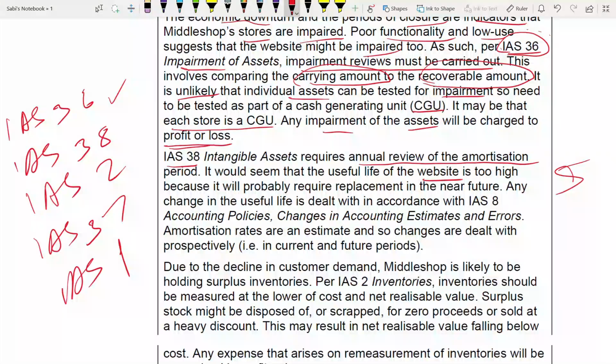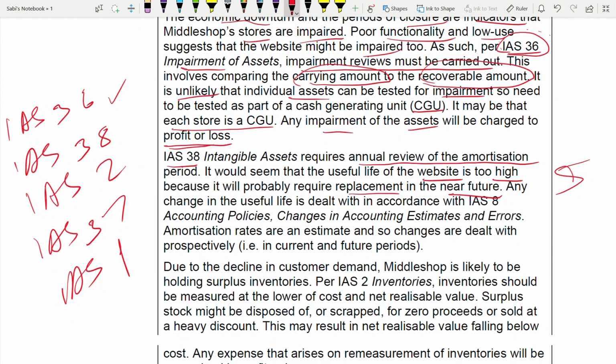So this useful life is too high. For a website, 5 years is too high. If it was some other intangible assets, okay, 5 years we can understand, but for a website, 5 years is too high to amortize. Why? Because it requires some replacement in the near future. Very recently, I mean upcoming in the future, which is not very far, you need replacement. So 5 years is too long.